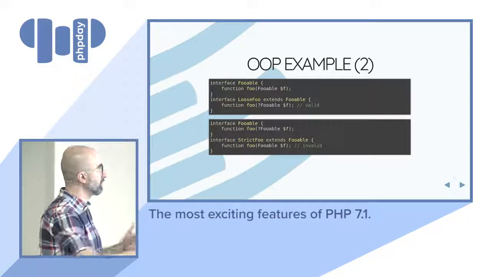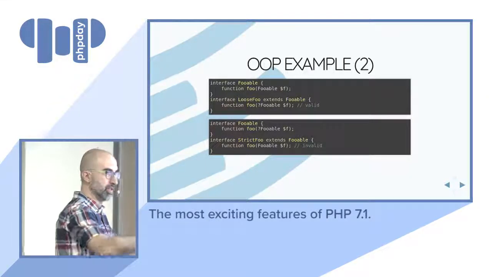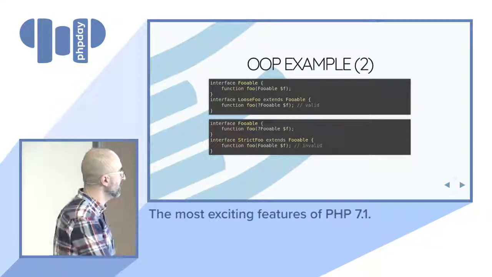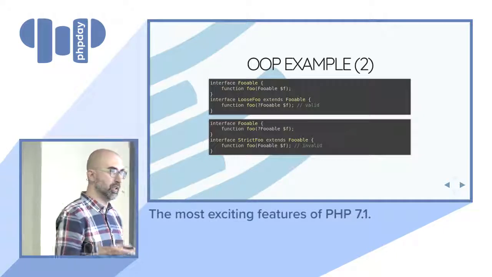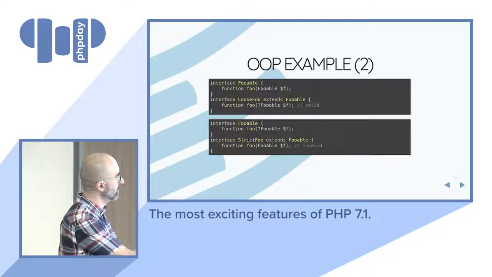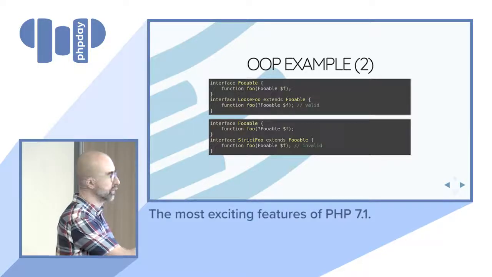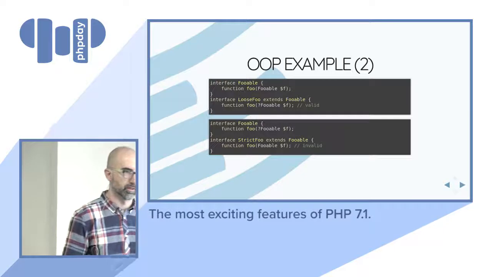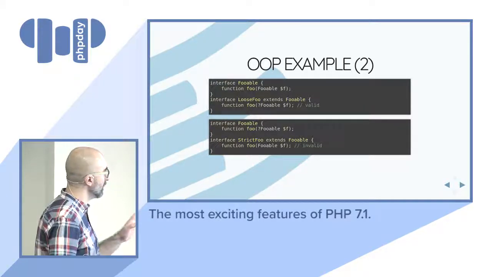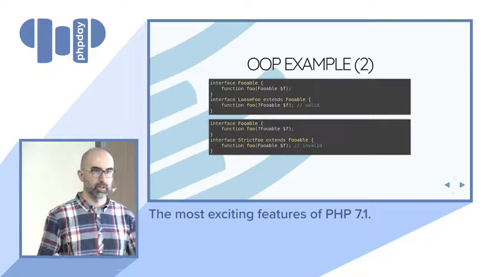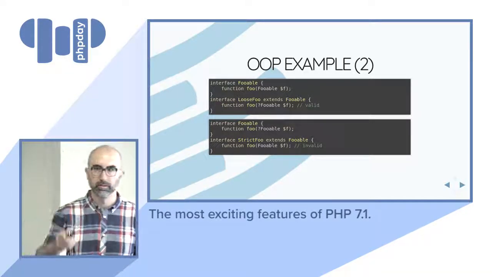So you can extend the interface accepting also the null value, and still this is valid. It's not valid if you try to reduce the set of parameters. If you have an interface that accepts null and Fooable, and you try to extend the interface removing the null value, you will get an error. So it's not valid. This is important to have in mind. If you have any question, you can stop me anytime.